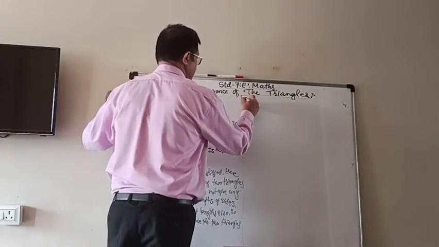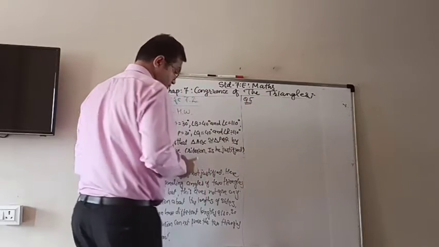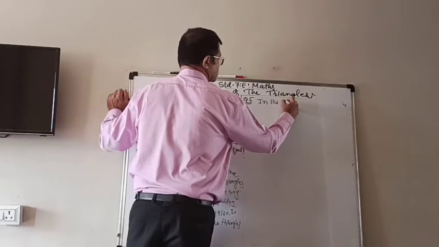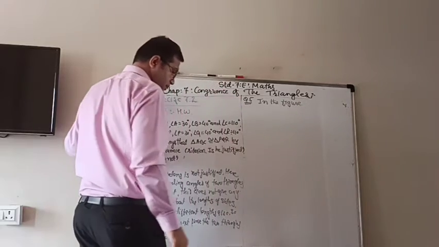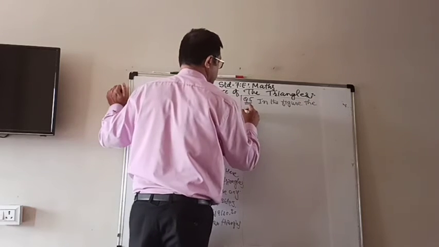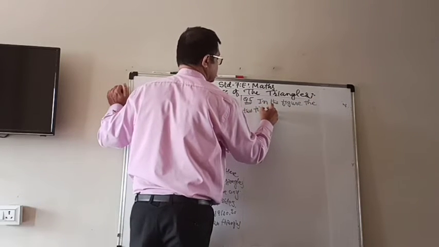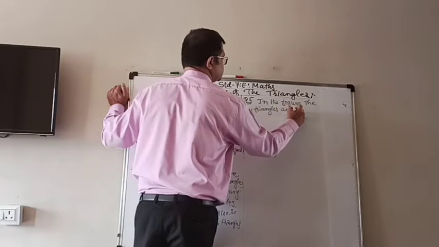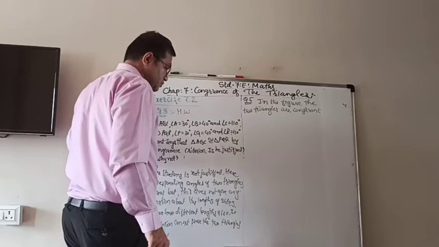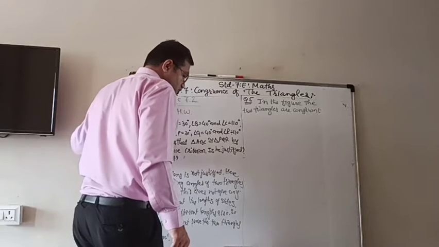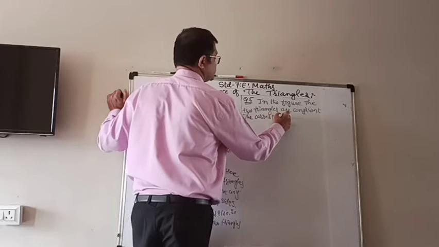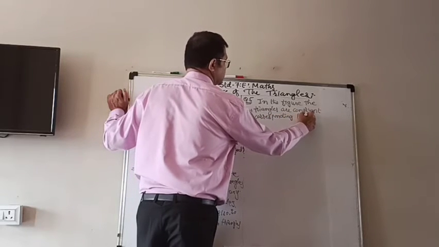Now next question number, fine. In the figure, the two triangles are congruent. The corresponding parts are marked.